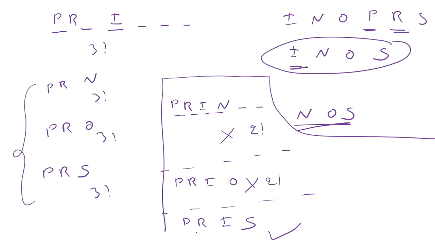Now coming into this one, PRIS. What I have to do is fix this S also. After fixing this S, what are the letters that are left? N and O. So the 2 words are going to be PRISNO, that is my first word, and PRISON, this is my second word.